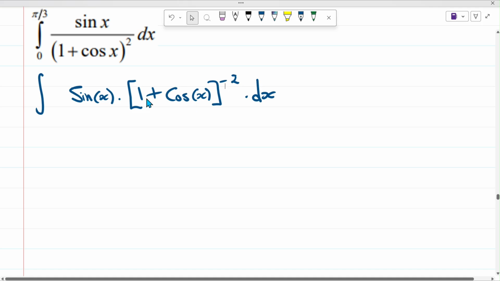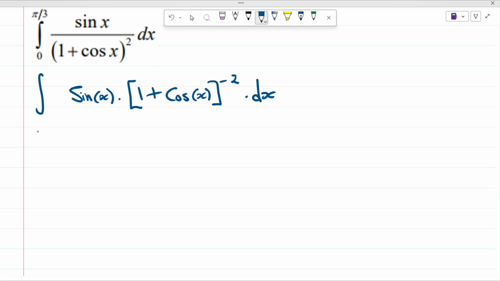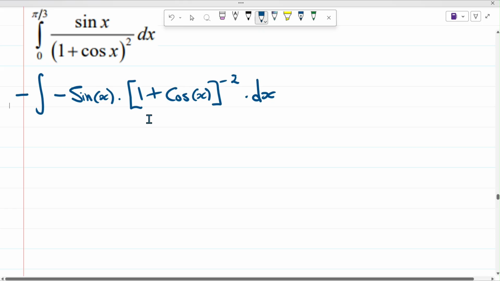When we differentiate it, we get 0 minus sine x. Since here we only have sine x, we need to put a negative sign and another negative sign outside, because we don't want to change our equation. Then we can make use of this derivative as well as this function, so that we can use the general power rule.